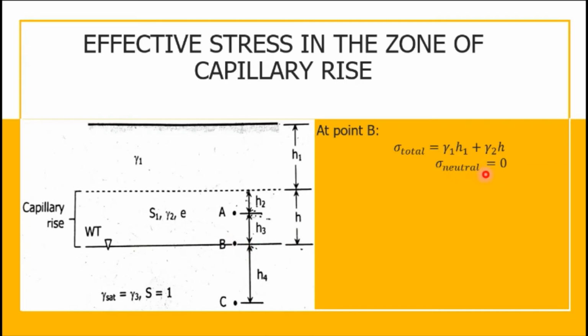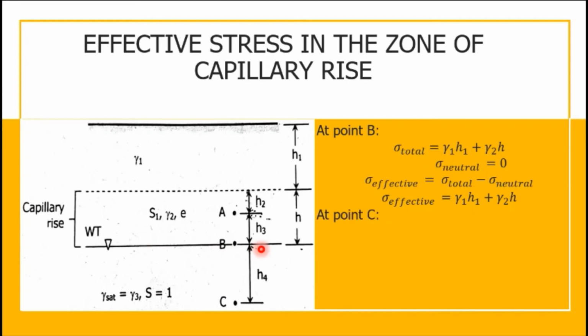Therefore, the neutral stress will be equal to 0. Magbabago lamang ang pag-compute natin ng vertical stresses kapag nasa zone of capillary rise siya. Therefore, the effective stress is equal to total stress minus neutral stress. The effective stress will still be equal to the total stress at point B kasi nasa groundwater table siya.